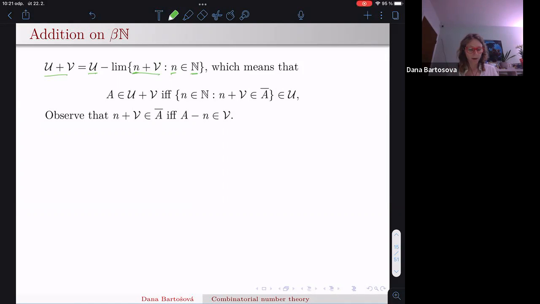So now, what are the neighborhoods of u plus v? What are the neighborhoods that determine that point? So again, this is just application from the general case. A is going to be a neighborhood if and only if the set of n's such that v gets moved into that neighborhood by n belongs to u, right?